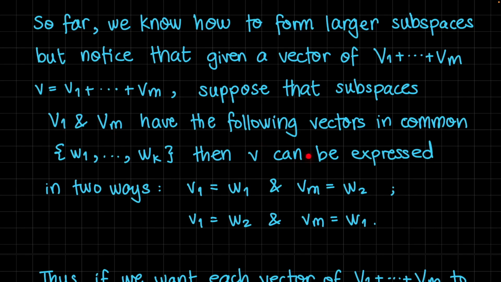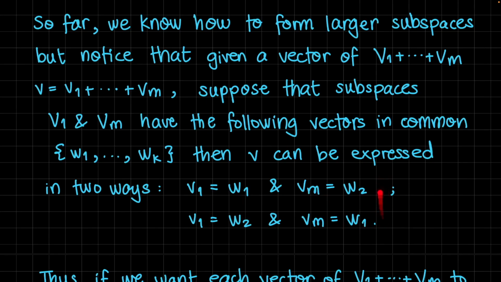Then v can be expressed in two ways. In this expansion for v, you can have v1 equal w1 from this common set, and you can have vm equal to w2, again from this set, or you can flip them around: v1 equals w2 and vm equals w1.